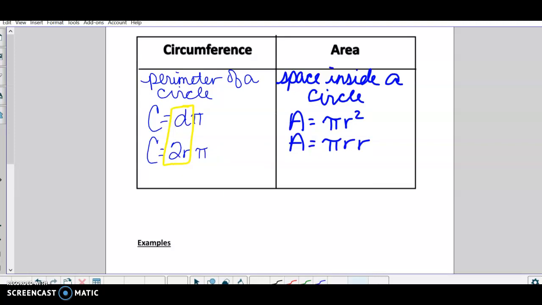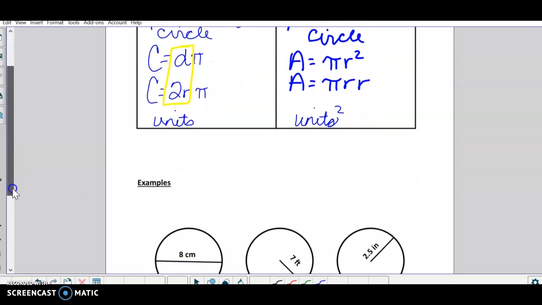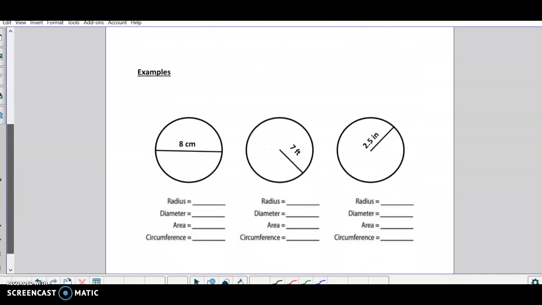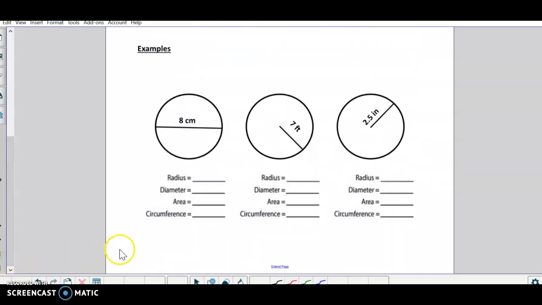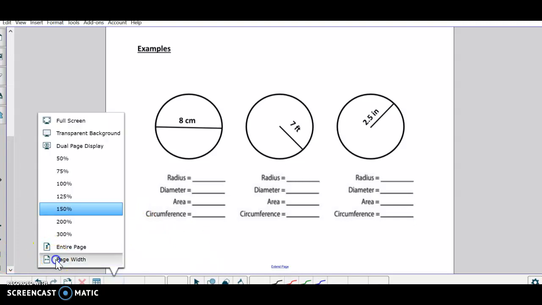Keep in mind that circumference is just regular units and area is units squared. So we're going to look at a couple of examples, and when we write in terms of pi, we do not multiply by 22/7 or 3.14. We just go ahead and leave the pi symbol.